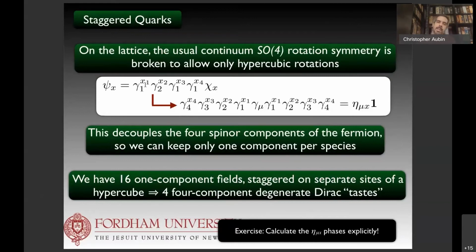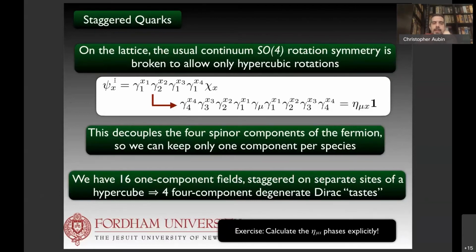The gamma matrices, if you go back and look at what I showed you, all of them square to 1, to the identity. So basically, this gamma 1 to the x1 is either going to be gamma 1 or the identity. It's the same with gamma 2 to the x2, same with gamma 3 to the x3, and same with gamma 4 to the x4.